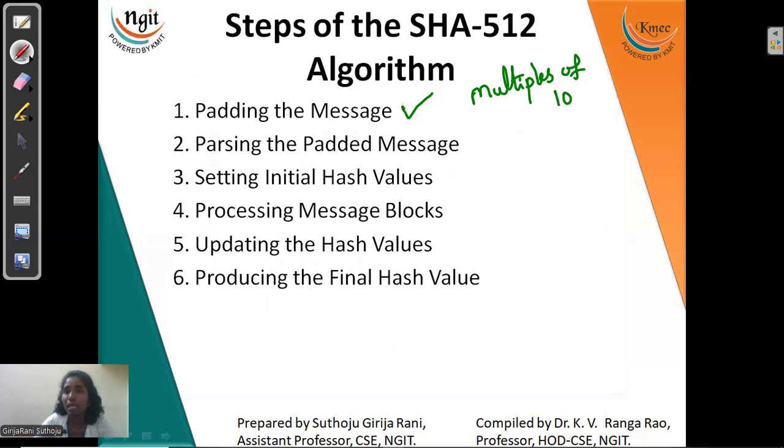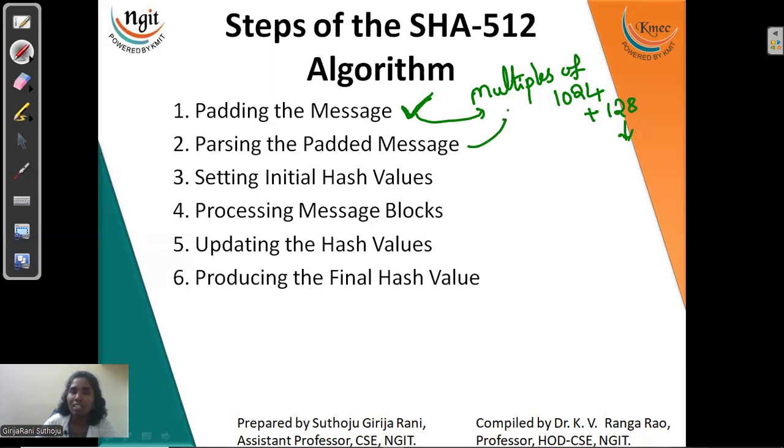So to make it a multiple of 1024, the whole message length must be a multiple of 1024 after adding 128 bits, which is storing the length of the message also. If we are lacking a few bits, we are going to pad extra bits. So for that purpose, we need to pad the message.